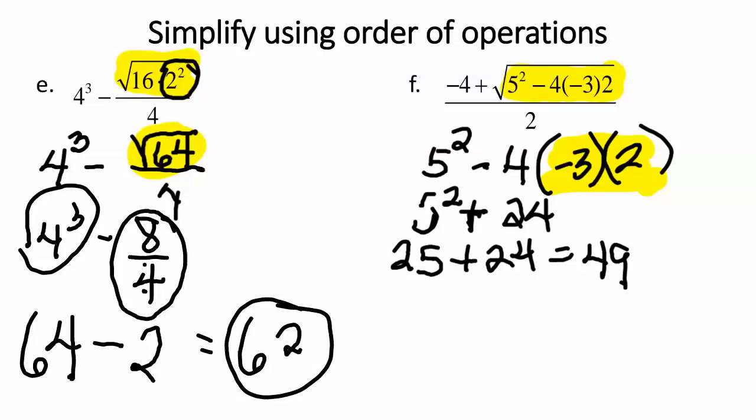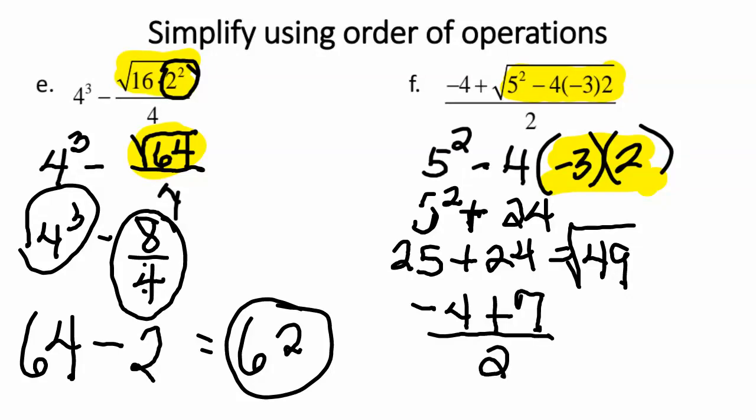What is the square root of 49? The answer is 7. So I have a negative 4 plus 7 over 2. This will give me, putting these two together, the answer of a positive 3 over 2.